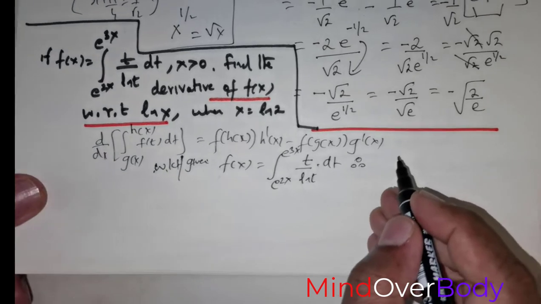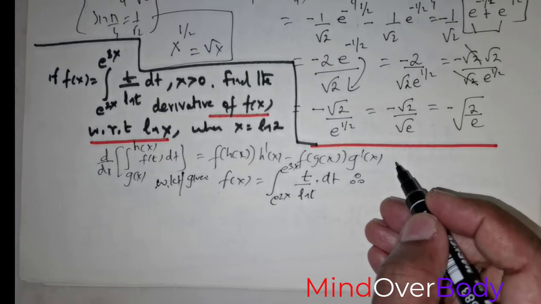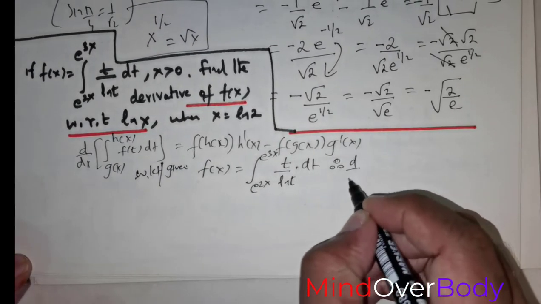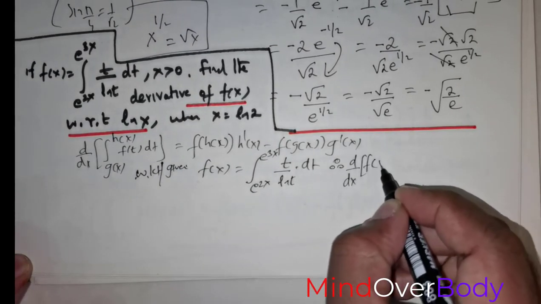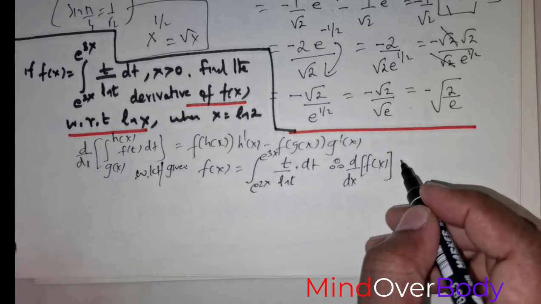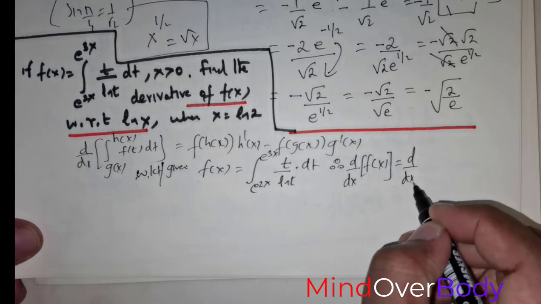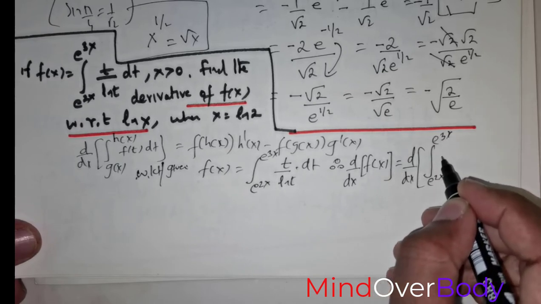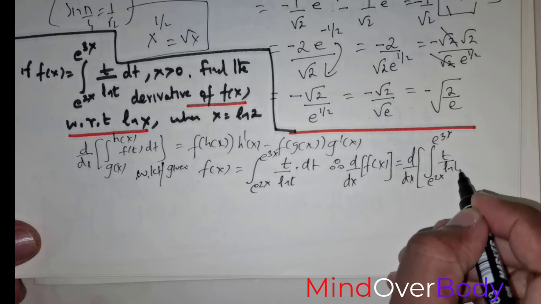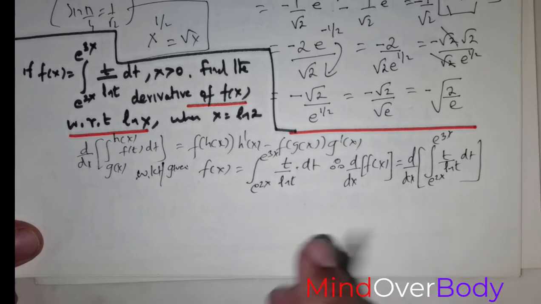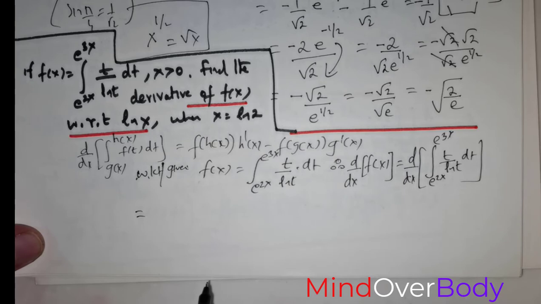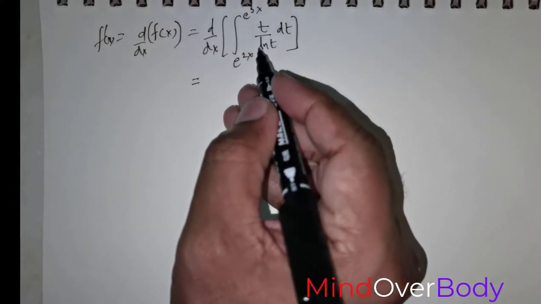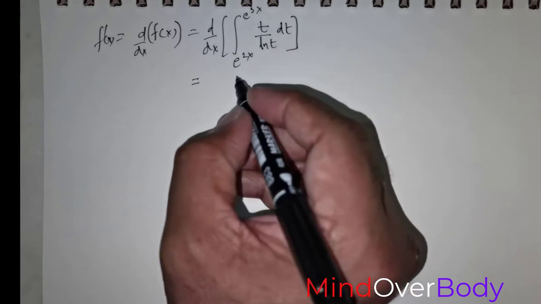So therefore f dash of x is nothing but d over dx of f of x, which is nothing but d over dx of the integral from e raised to the power of 2x to e raised to the power of 3x of t over ln t dt, right? But applying Leibniz rule, this is going to be equal to, we would now have, in place of t we would be substituting e raised to the power of 3x, right?